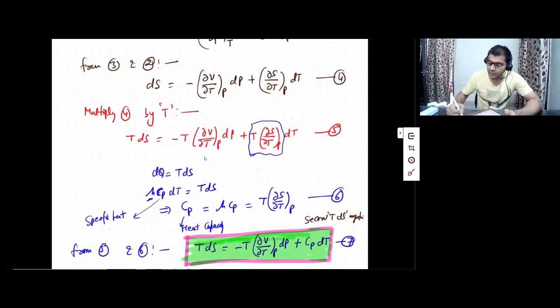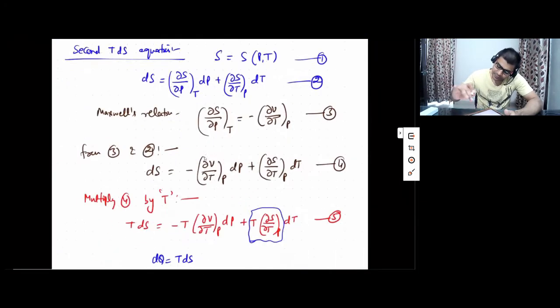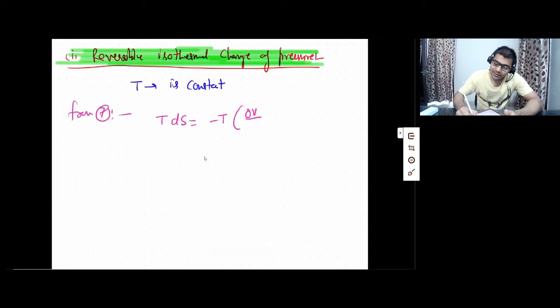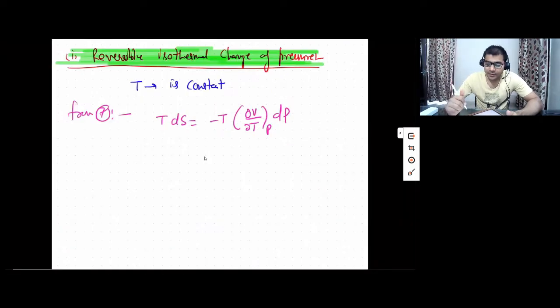If my temperature is constant, the second term here, Cp dT, is going to be 0, because the process is isothermal. So what we are left with is TdS is equal to negative T del V by del T at constant P dP. Okay, fine. So that's what we got.